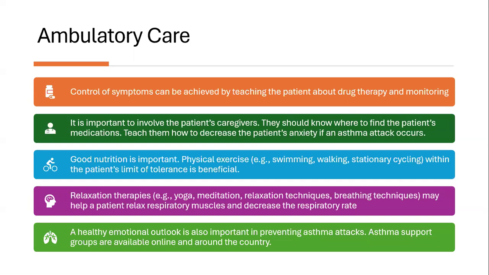They should know where the medication is and what it is for, and then teach them how to decrease the patient's anxiety if an asthma attack occurs. Good nutrition is important, and also physical exercise within the patient's limit of tolerance. Of course, it is beneficial.